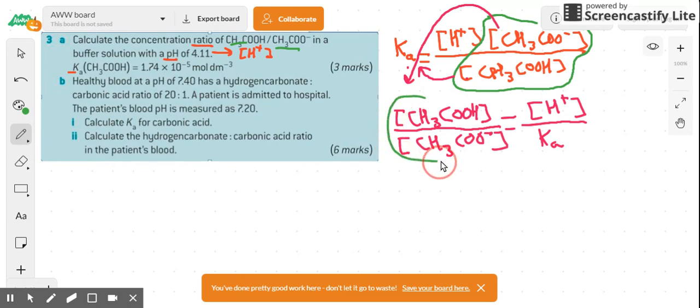This is really what we want to find out. That's what they are asking us. So the concentration of protons is going to be 10 to the power of minus 4.11. All of that divided by the Ka, which is 1.74 times 10 to the minus 5.